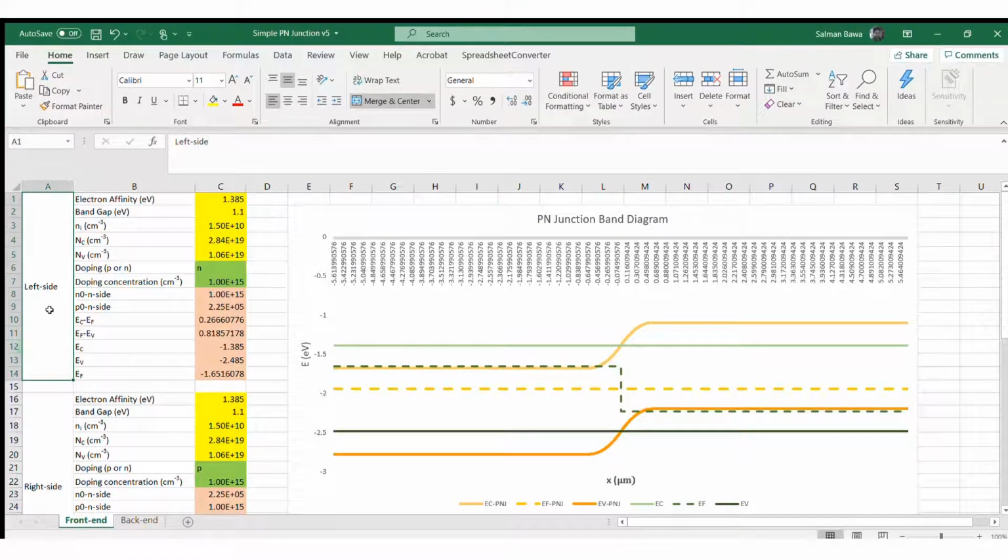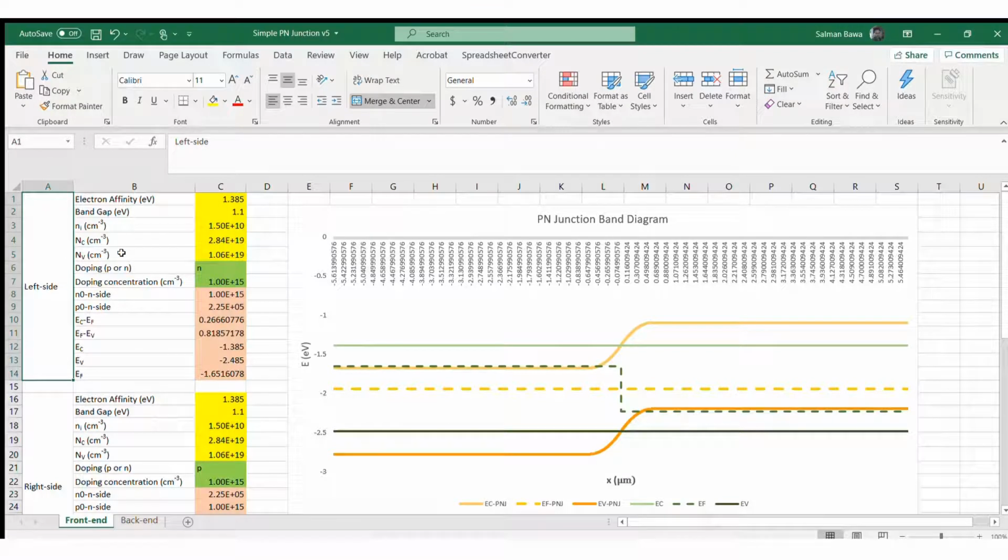All right, so we are at the Excel calculator, and we will try to understand the parts of the Excel calculator before changing anything here. This part that you see on the screen is regarding the left side of the junction.